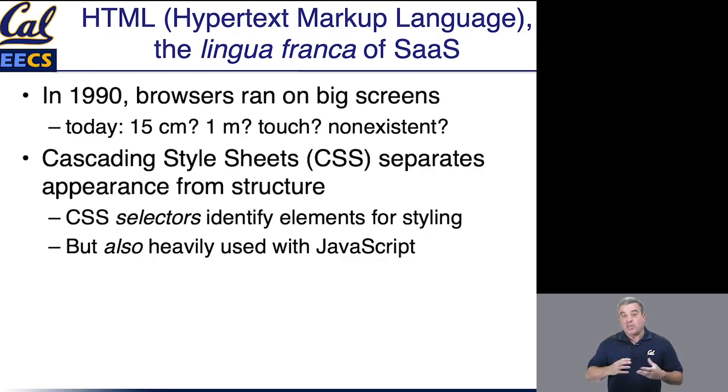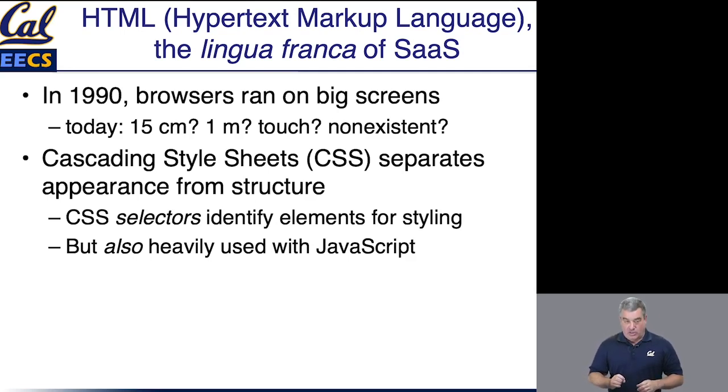So fortunately, there is some machinery that will help us design applications that serve all of those users reasonably well. And one of the key technologies is cascading style sheets, or CSS, whose goal is to separate the appearance of how a page should be displayed, the layout of the elements and so on, from the logical structure of that page, which is what HTML helps us express.